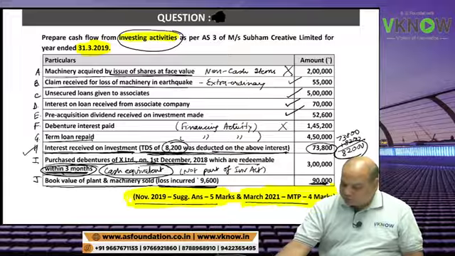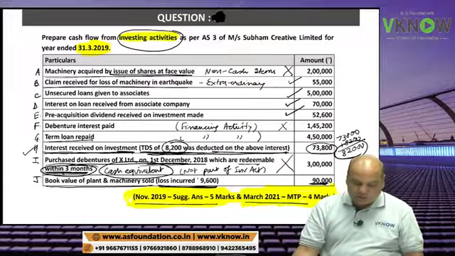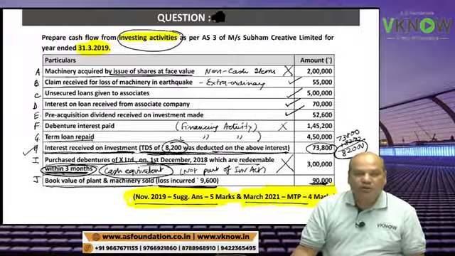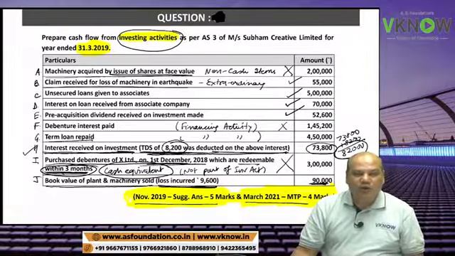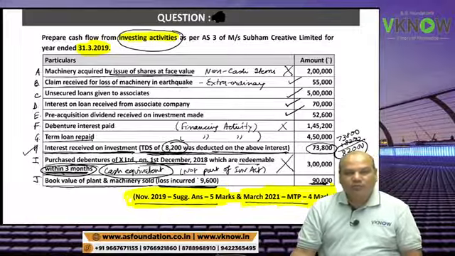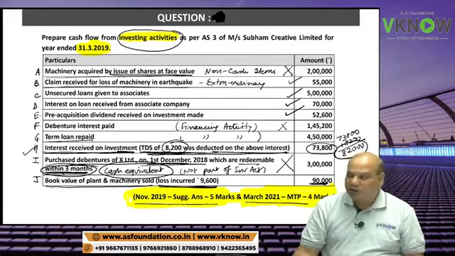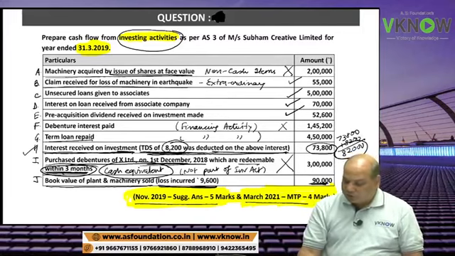Purchase of a cash and cash equivalent item will not be shown in investing activity, otherwise it will be double counting.